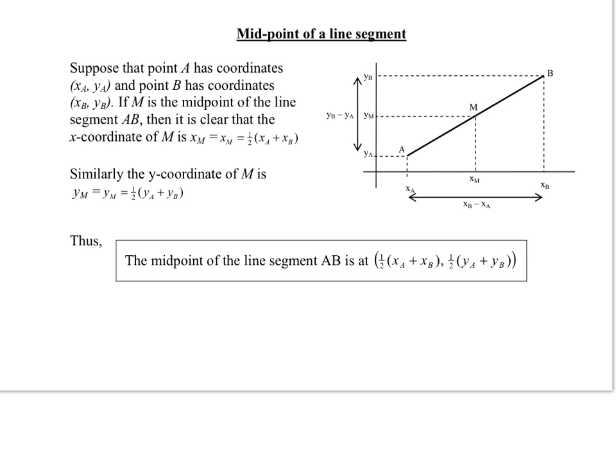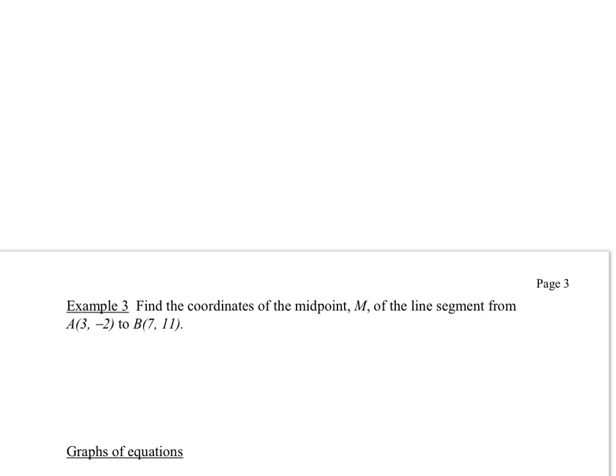So, applying that to an example on the next page, if you've got 2 points, (3, -2) and (7, 11), just take the average of 3 and 7. So you do 3 plus 7 divided by 2. That's 10 divided by 2, which is 5.